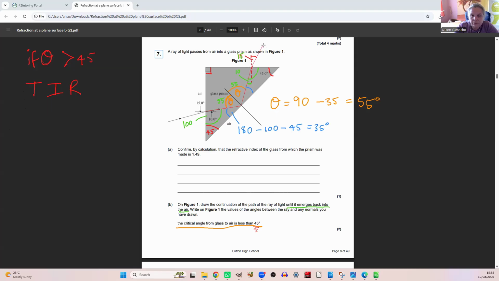Okay, so now I've drawn in all of the angles to all of the normals, and I've followed the path of the ray until it emerges back into the air, and I've figured out whether or not it's going to totally internally reflect. The only other thing that I really should do is add a single arrow for each ray.